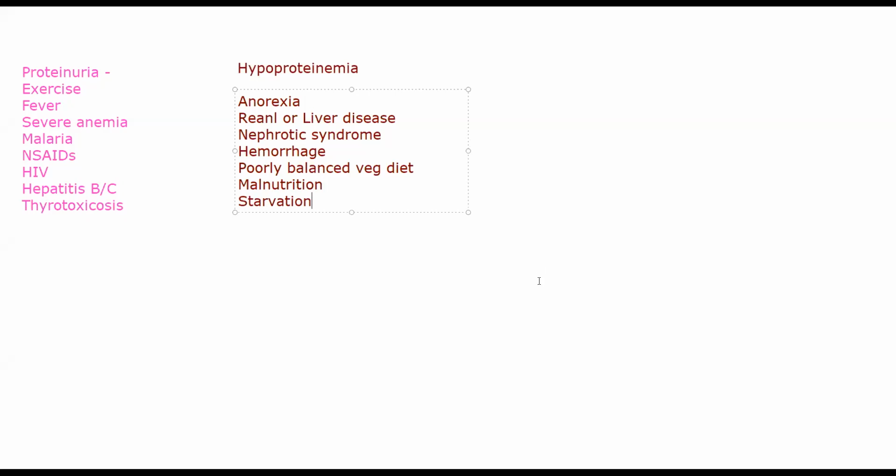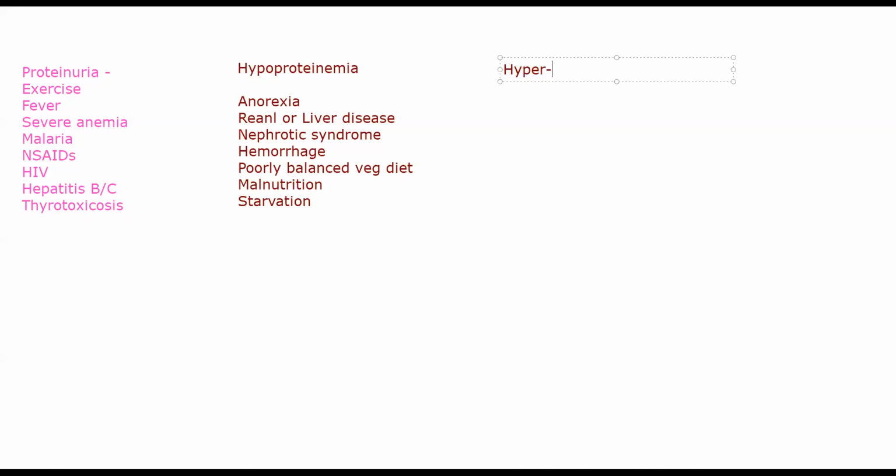That will lead to different problems altogether. You need proteins in your body to perform several functions, like for transport, for making several compounds in your body, for integrity of your cells, and so on and so forth. There are several uses of proteins, and it is absolutely essential that you have proteins in your body and in your blood.